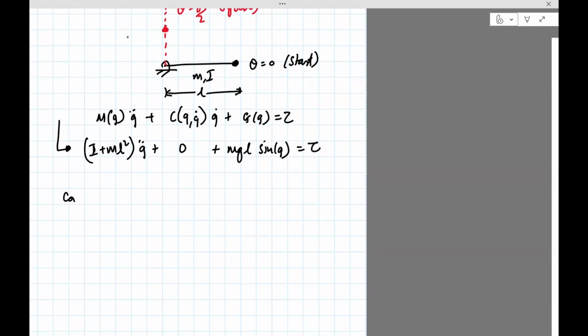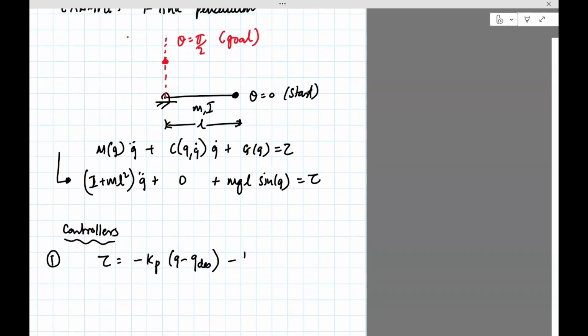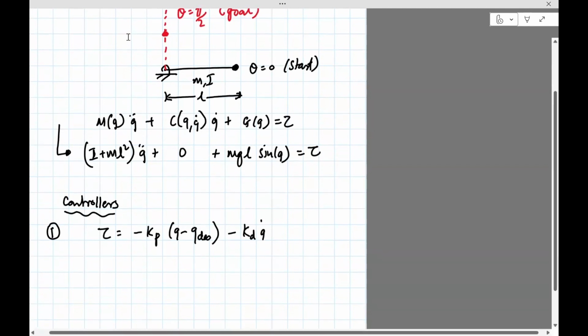We can investigate two controllers. One is if you were doing this in the lab and had no idea about control partitioning, then I would just do a simple PD controller. Torque equals minus Kp, the proportional gain, times Q minus Q desired, where desired is 5 divided by 2, minus Kd Q dot.